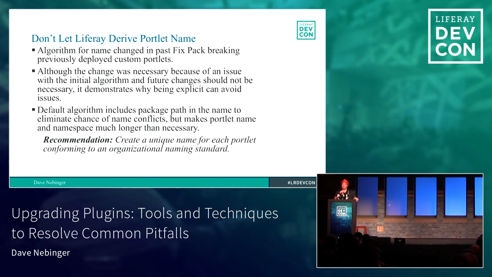I went from using periods to underscores. They changed the algorithm, but it did not update the database. So all of a sudden I had references on pages for portlets that didn't exist because the names were not syncing up. So I learned that you want to actually declare your own names. That way you're not relying on Liferay's algorithm and the fact that they might change it in the future. Short names are going to be best to have shorter URLs.